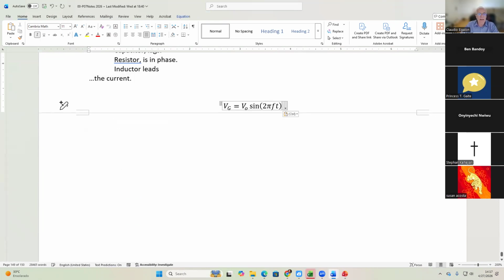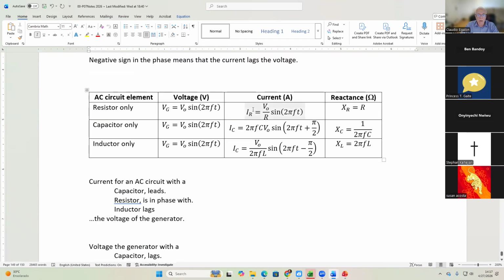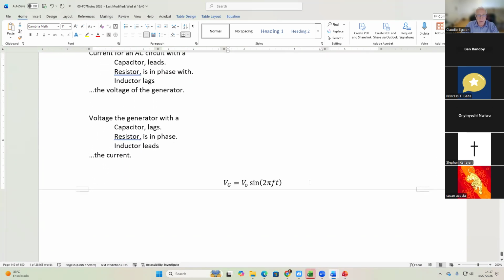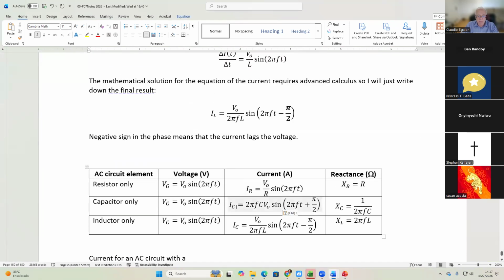So here you go. Generator. Current of the resistor, side by side, one next to each other, right? Current of the capacitor in an AC circuit.